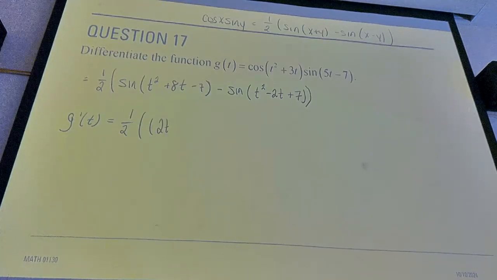Just 2t, plus t. Is that it? I guess not.